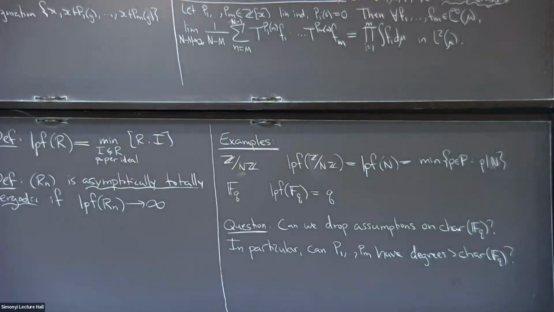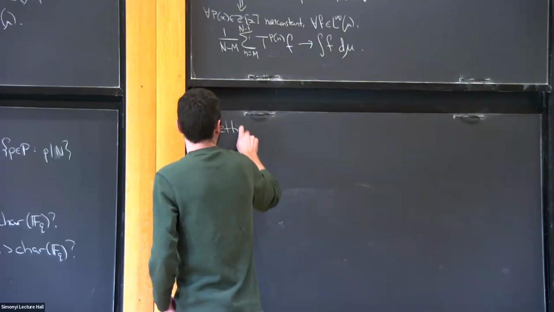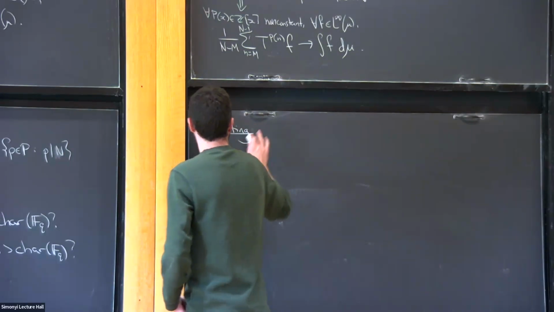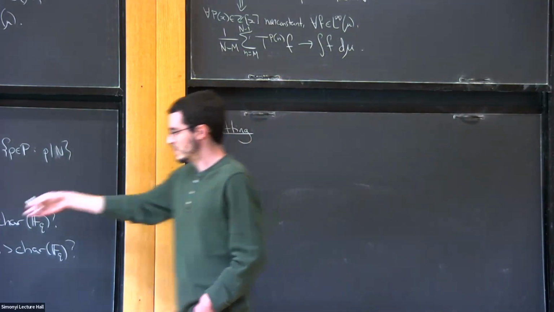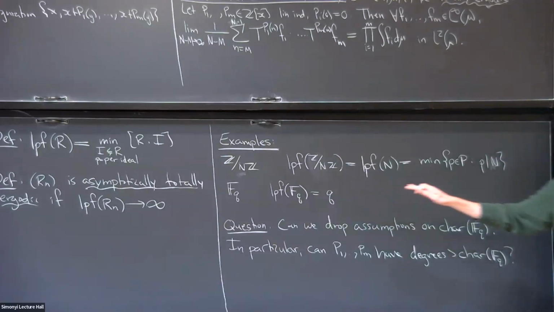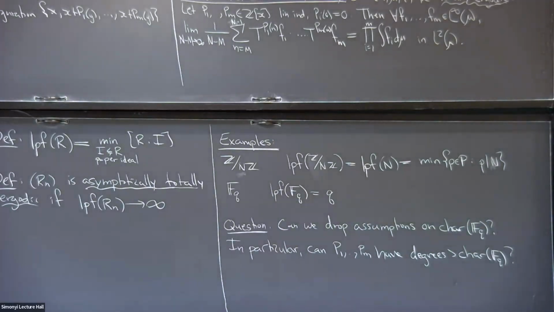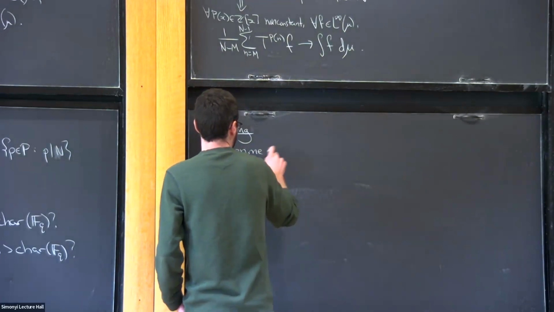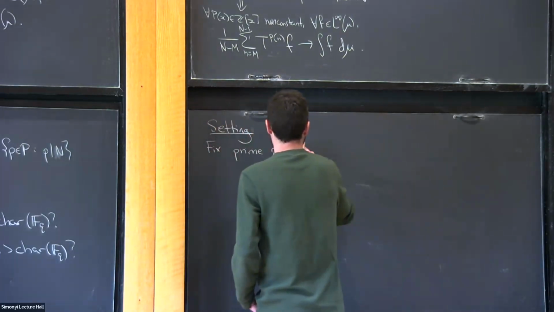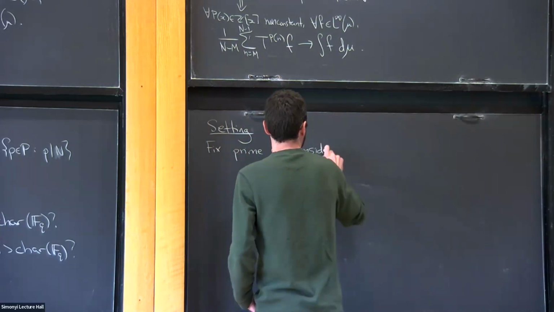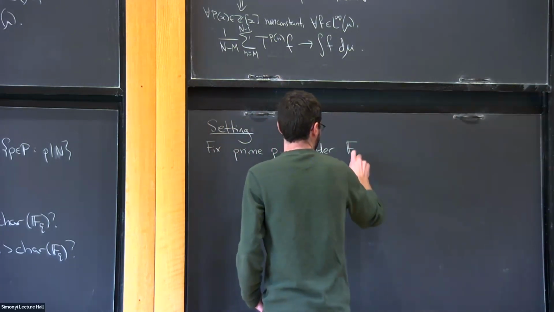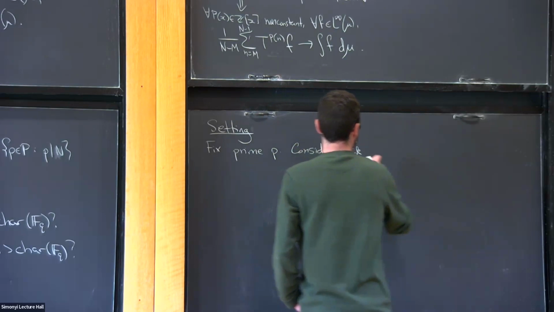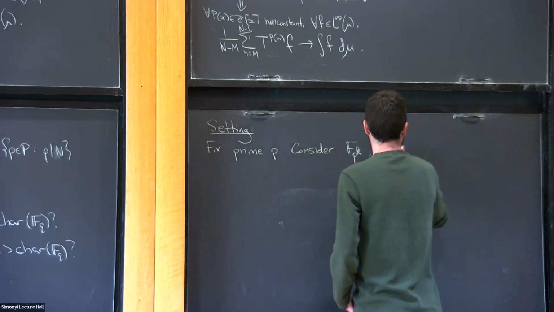And so our setting now is going to be larger and larger finite fields, but with the characteristic fixed. So I'm going to fix a prime p, and we'll consider these finite fields with k growing.